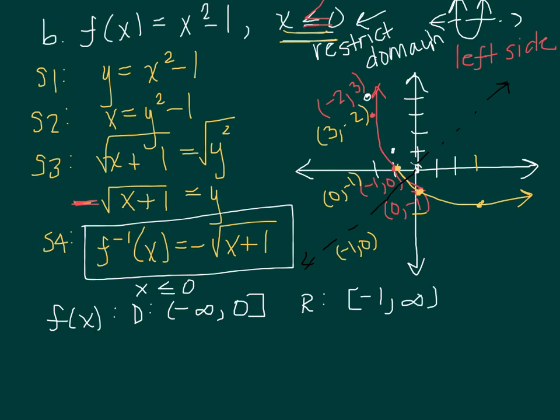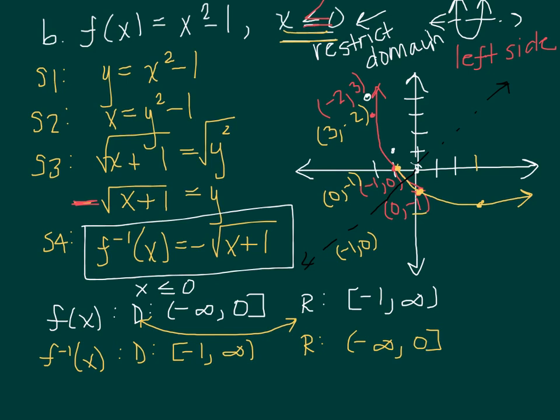Okay, to do the inverse, remember the domain and range switch. So now my domain is -1 to infinity, and my range is -infinity to 0. So don't forget, for your function and your inverse, the domain and range, they switch.